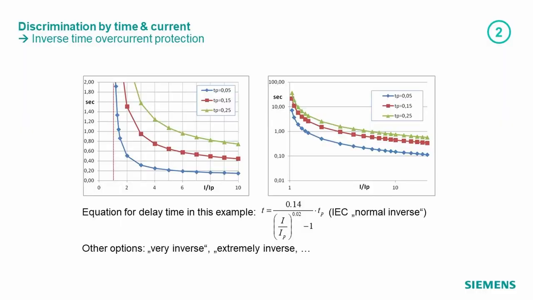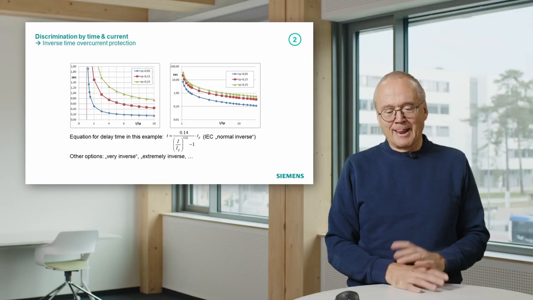And what I indicated in this diagram is there are different curves in use. And if you look at this strange equation below the diagram, you may ask yourself, where does this strange equation come from? Is there a big theory behind that? The answer is no, there is no big theory behind that. The reason why we have these curves is the following one.